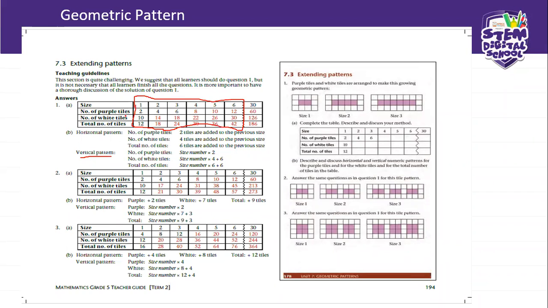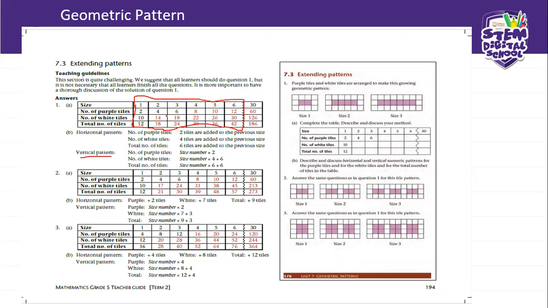The first line, we multiply it by 2. That we all agree with. First line, multiply it by 2. Looking at the vertical pattern, the first line, we multiply it by 2. It agrees for everything. 1 times 2 is 2.